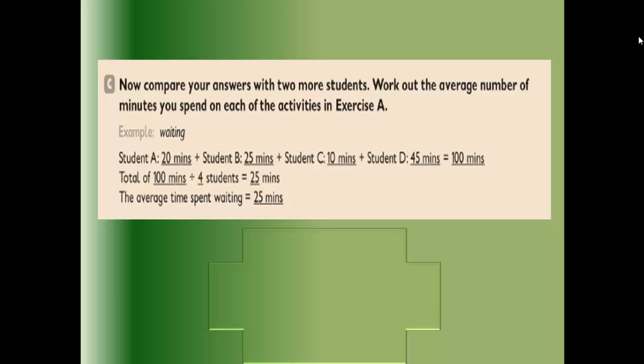So here the total is 100 minutes. If we want to divide this sum, this amount, we have to divide it by 4. The total of 100 minutes divided by 4 students equals 25 minutes.